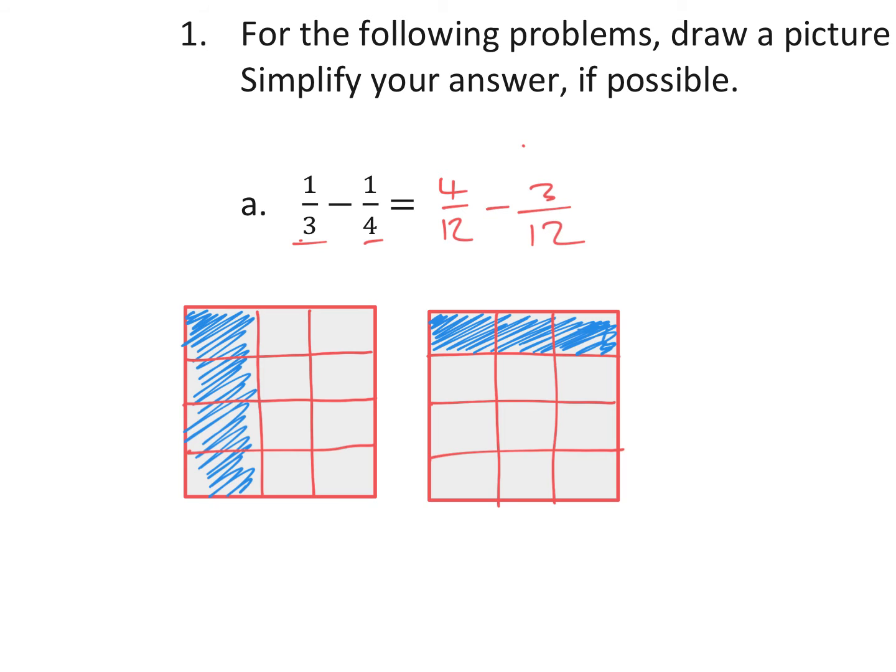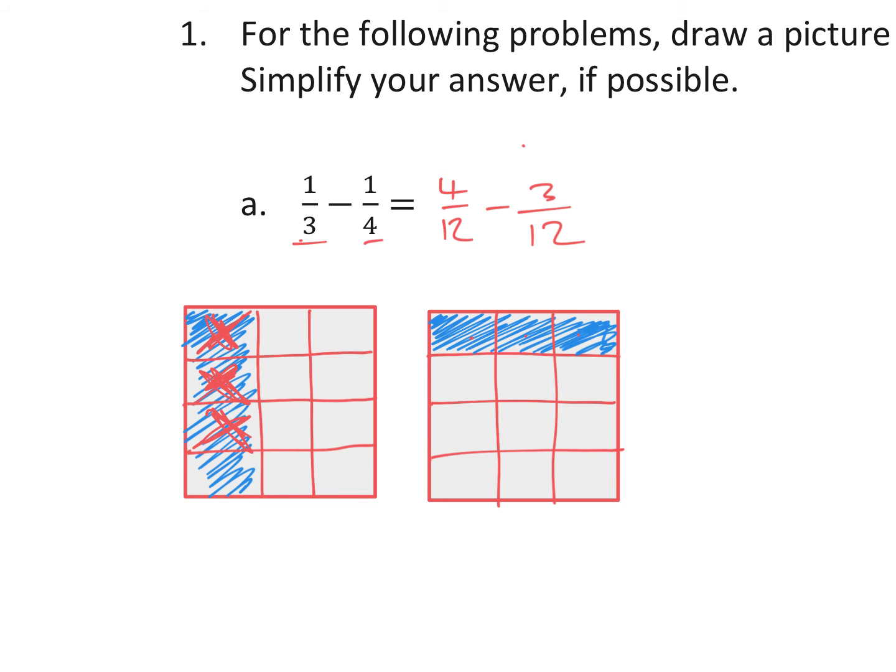And so what I'm going to do for every one of these on the 3/12, I'm going to mark out with an X over here. I'm going to do that with a red pen. So I've got 1, 2, 3.